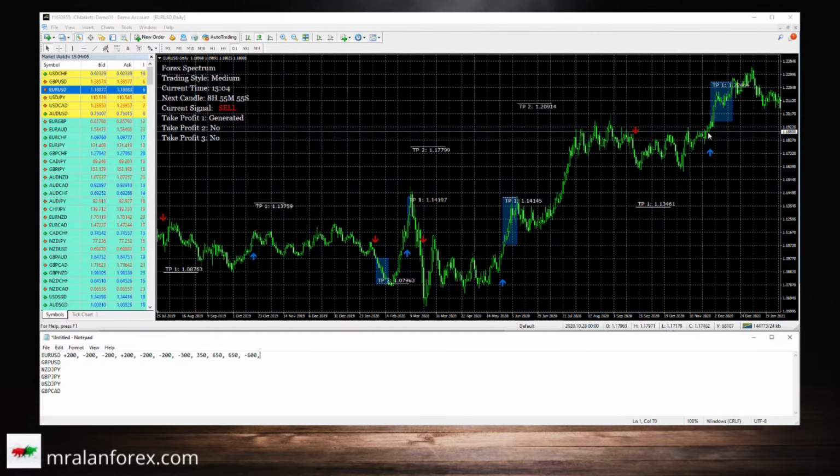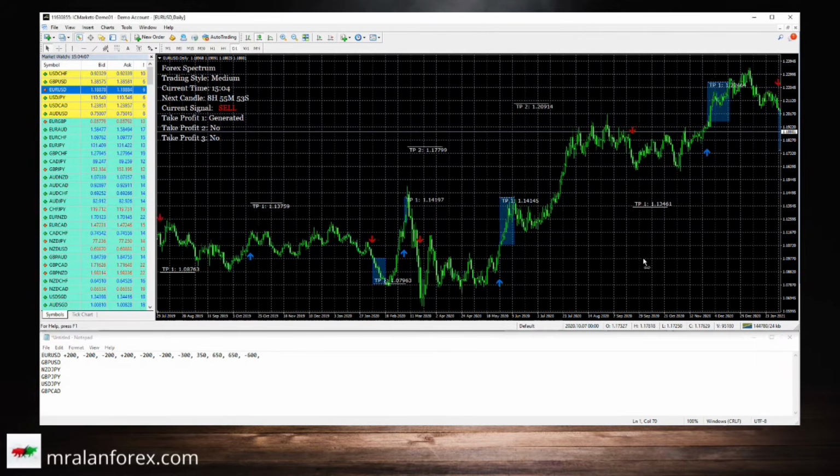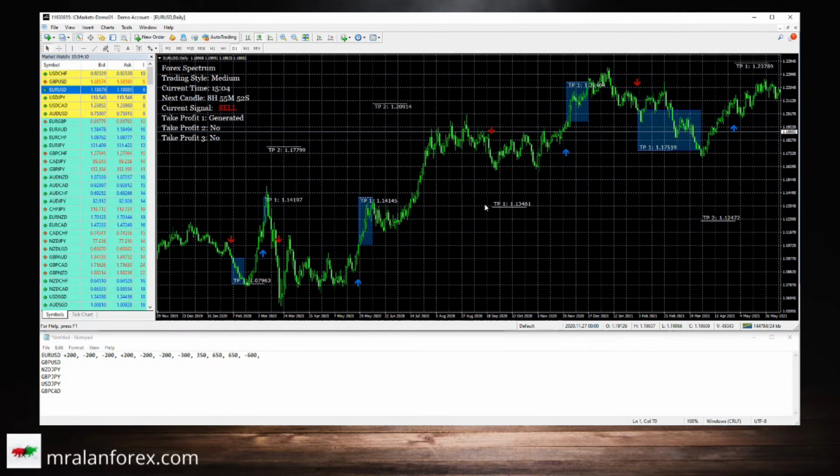Okay, but now we've gone long. Let's move this across, and now we're here. First take profit, so that's another 300, and then we close, so they're 100 each, so 300 for 500. There's a 500 pip gain for that one. And then we go short.